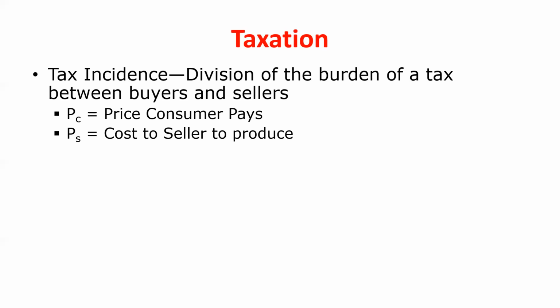For producers, they were receiving $4. They're now only receiving 3.5, so they get to keep, forgot my negative sign here, they're basically getting 50 cents less for every unit. You can see here they both bore the burden equally. Producers made 50 cents less, consumers had to pay 50 cents more.